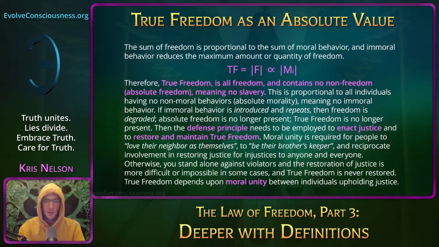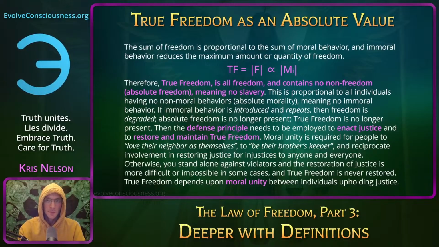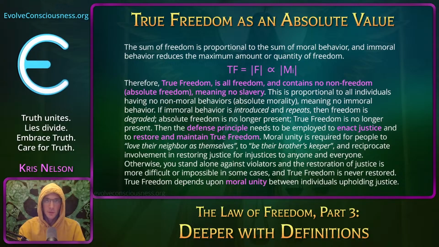So it's another way of looking at the law of freedom in terms of looking at it as absolute freedom, because true freedom is an absolute. So I'm just using those, the 2 bars. That's the symbol for an absolute value. An absolute value is a value that's not in the negative. So true freedom is when there's not a degradation of true freedom.